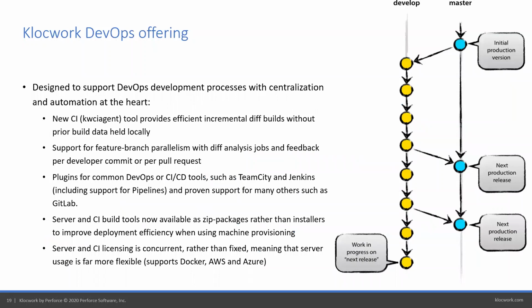So now Klocwork has something called a DevOps offering, which will help you integrate Klocwork as part of your CI/CD setup, your repository setup. If you have GitLab, or any GitLab-like repository setup, Klocwork can be integrated, and it can be used to perform differential analysis through the command line as well. So Klocwork can be directly integrated as part of a GitLab CI.